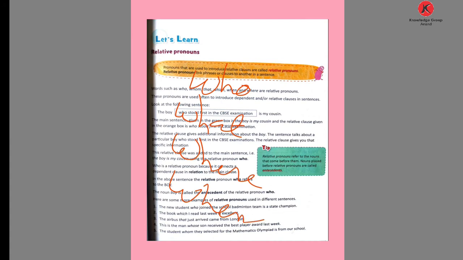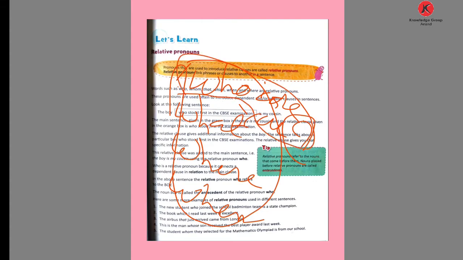But if you use a WH question, like "Who are you?", you are asking a question, and at last you put the symbol of a question mark. It is an interrogative sentence. If you say "What is your name?"